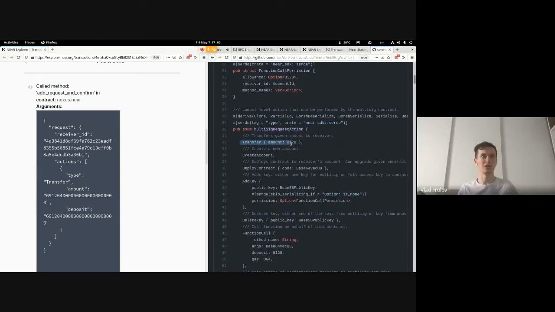Each action is this thing. So it's a transfer of amount. I'm not sure why deposited is here. I guess it's some legacy stuff.